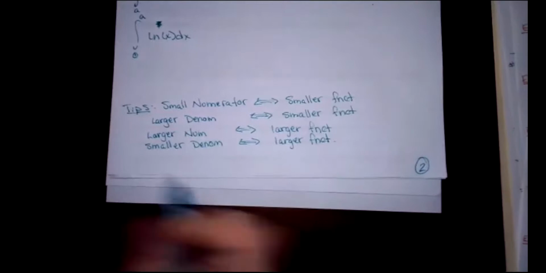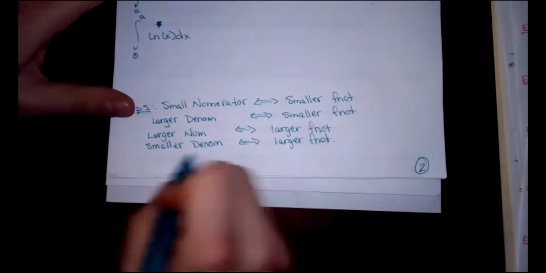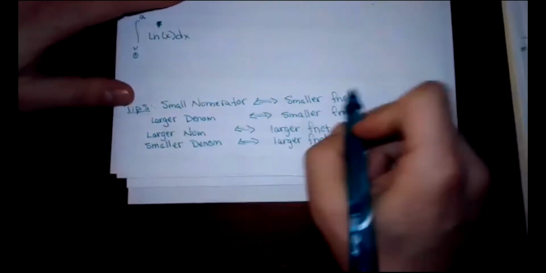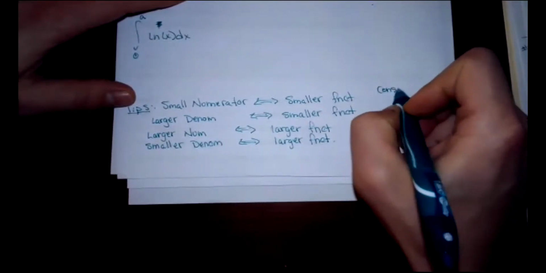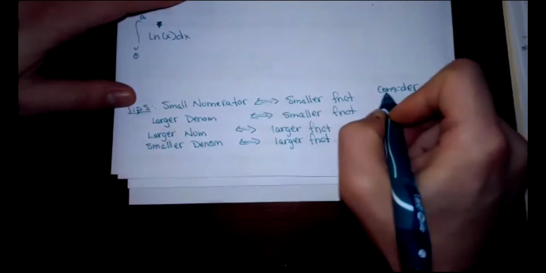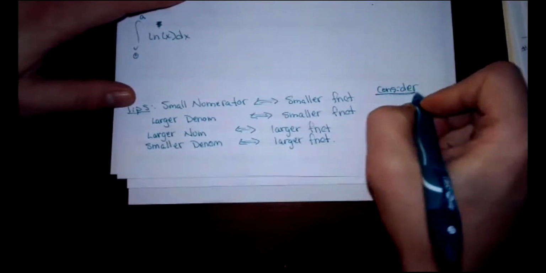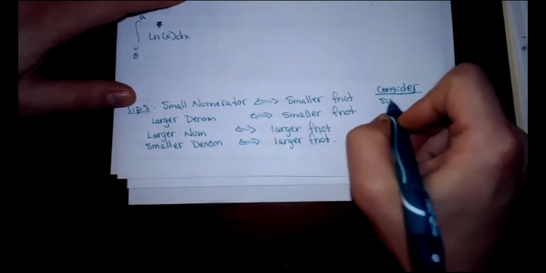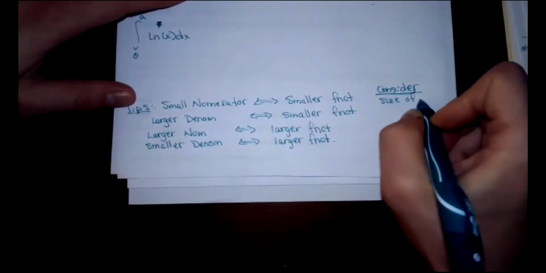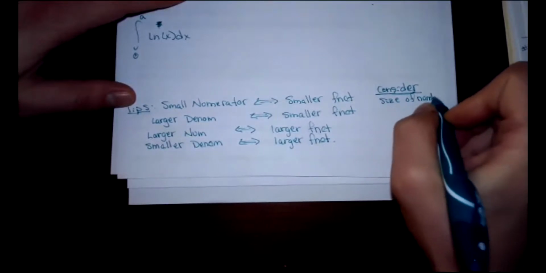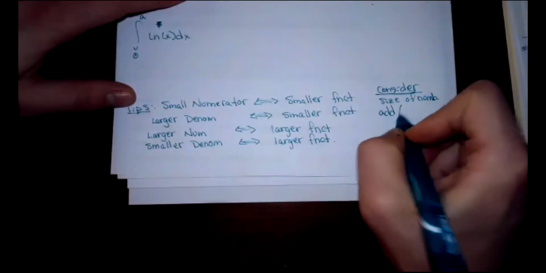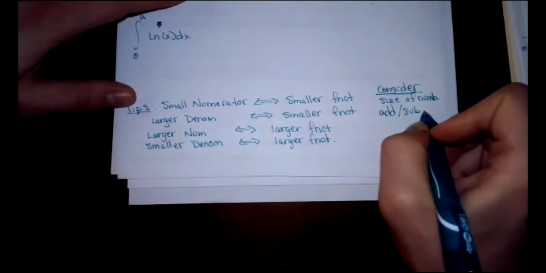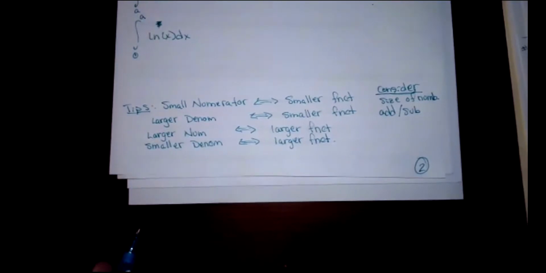Other things that might come up, things we might have to consider in all of these. Consider size of numbers. And we also want to consider how addition and subtraction affects bigger or smaller.